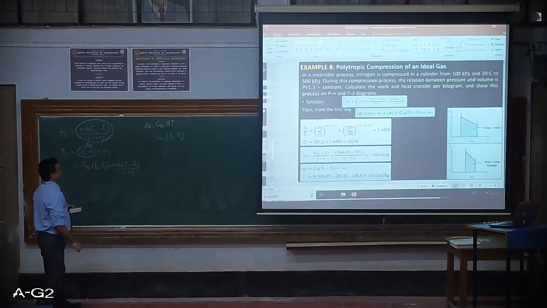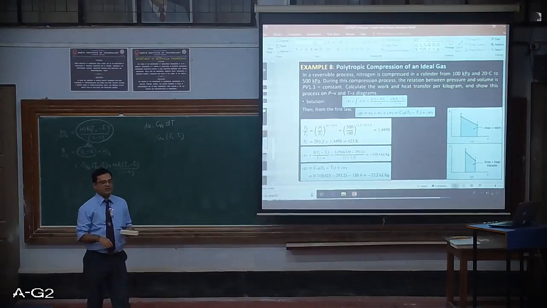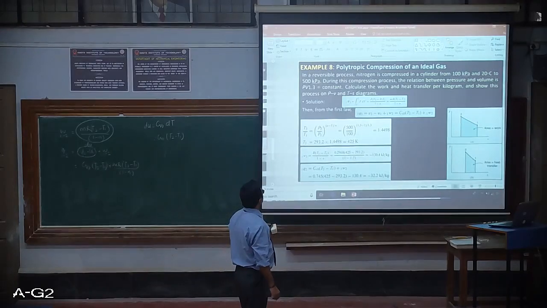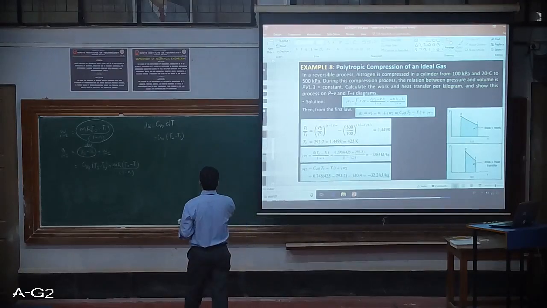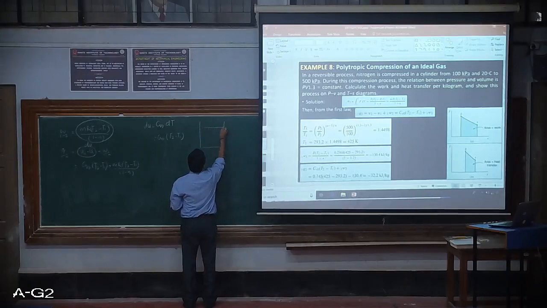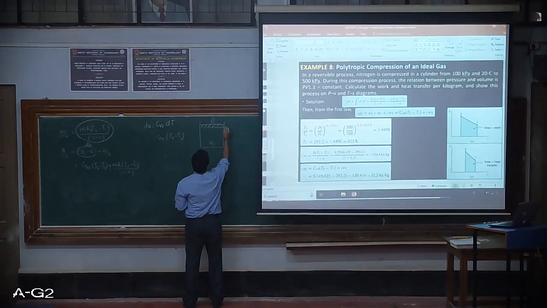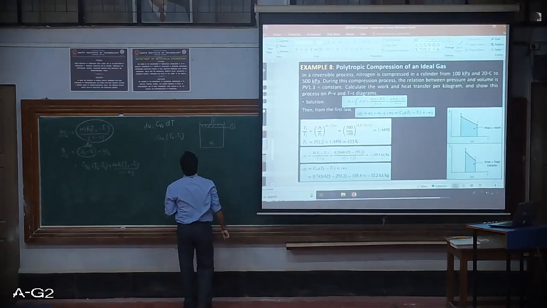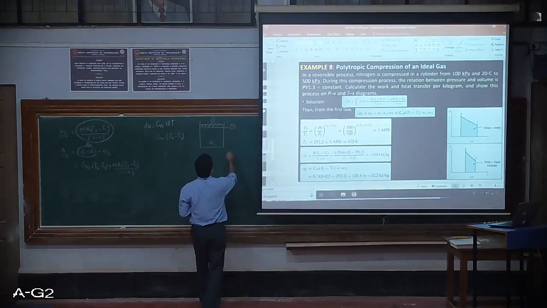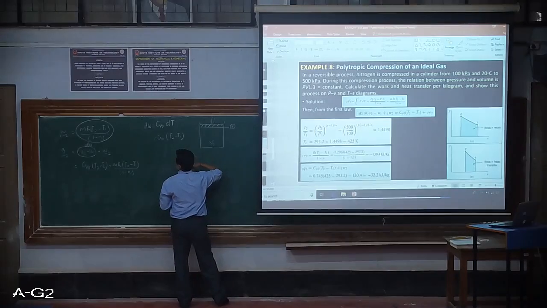If you look at this given numerical, the substance is nitrogen. It is compressed in a cylinder, so you can draw the diagram over here. This is the initial condition. A piston-cylinder arrangement is taken and we have nitrogen here. This is state point 1, where we have pressure 100 kilopascal and 20 degrees Celsius.